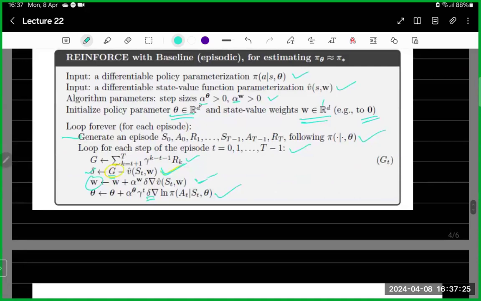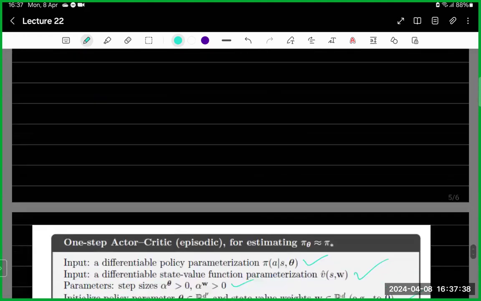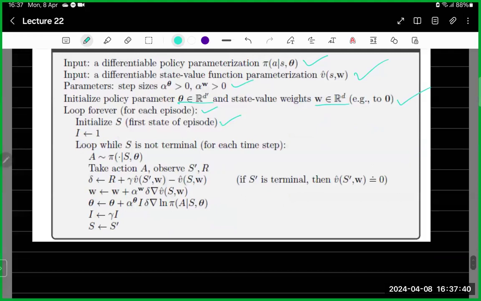We were generating one full episode for the reinforce with baseline, etc. First, we generate one full episode, and after that, whatever updates you do are based on the GTs that you get. But here, you're just taking one action A according to your current policy. Then you observe the next state and the reward, and immediately you make an update for your theta, right?